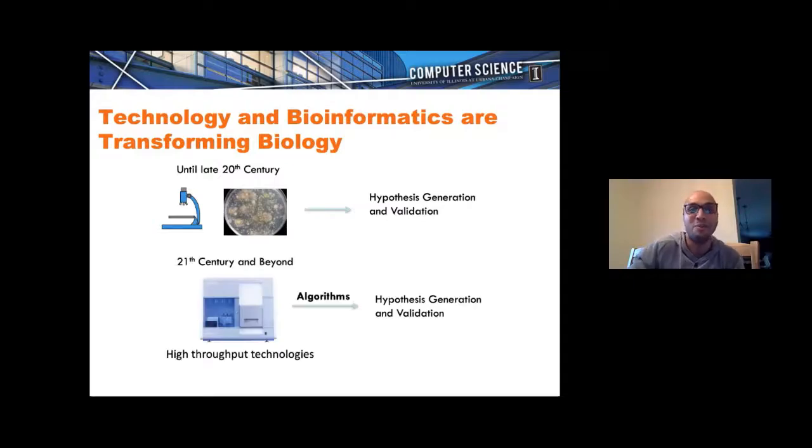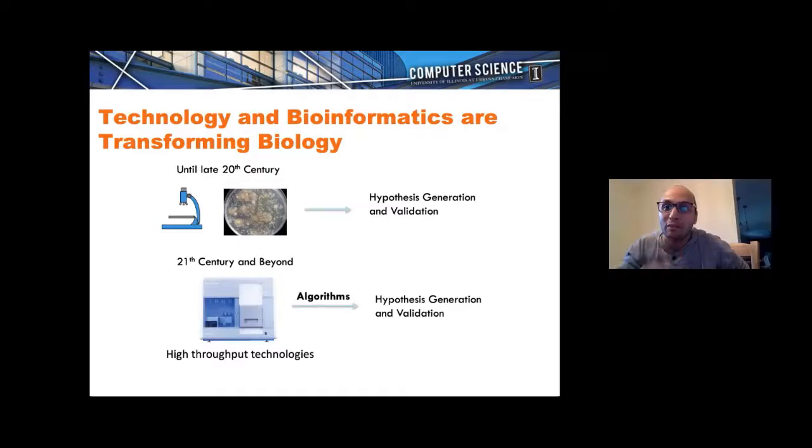However, now with all the sequencing technology that we have, high throughput technologies, it completely changed the paradigm. What happened is it's top down. You're looking at a snapshot of this complex system in two different states, healthy and diseased, and then you try to identify what the differences are.